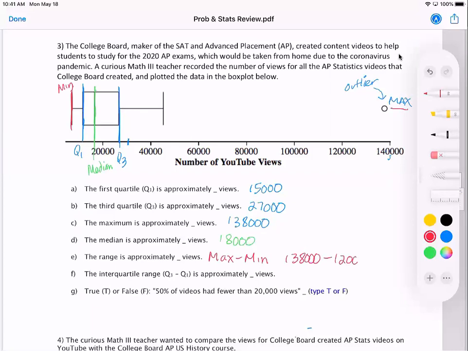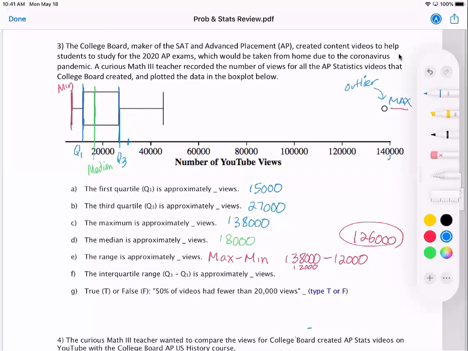A little hard to tell, but approximately 12,000. So the range, we'd subtract 12,000 from that, and we get 126,000 would be the range. And notice all these are approximate, since we're having to estimate these.